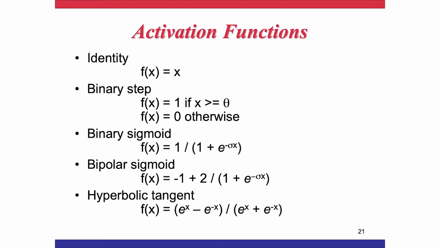We can have a sigmoid function, which has some sort of slope, and we can have a more complex one like the hyperbolic tangent, and we can use these functions based on our given problem and on the knowledge we have of the problem, and we can also do a sort of trial and error to fix the activation functions for the nodes.